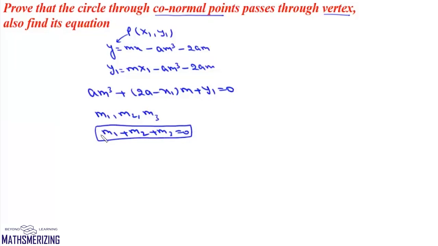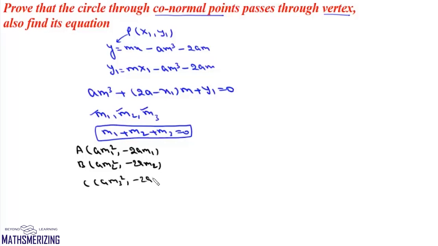Now we know that if the slopes of normals are m1, m2 and m3, then the feet of normals will be given by A (am1 square, minus 2am1), B (am2 square, minus 2am2), and C (am3 square, minus 2am3).